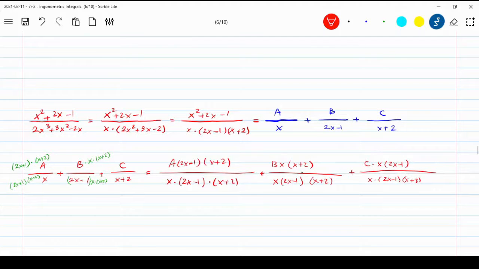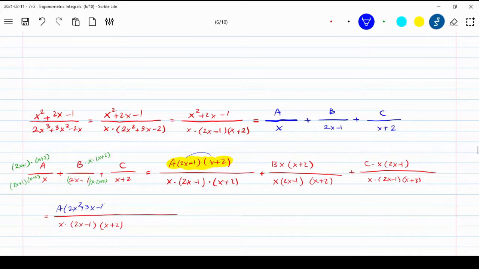Okay, so both sides of these equalities are the same. And if we simplify the numerator a bit, since the fractions all have the same denominator, I can write them all together. x plus 2. The first term here, if I distribute the a and multiply all together, what I get is a times, distribute this, so you will get 2x squared plus 3x minus 2.